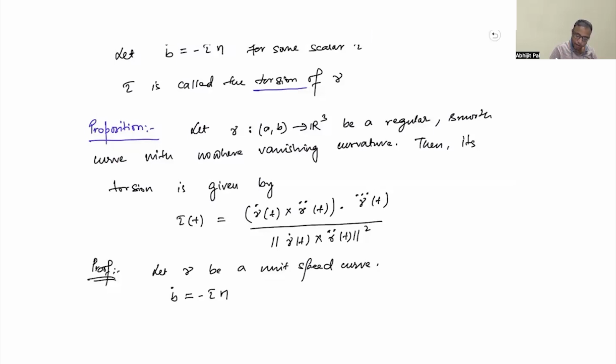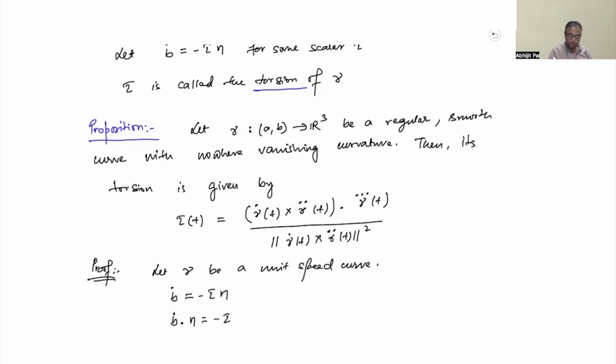Okay, so now if I take the dot product on both sides with this normal vector n, what I'll get is beta dot n is equal to minus tau.